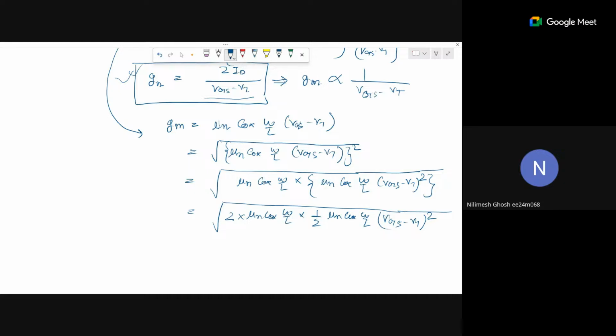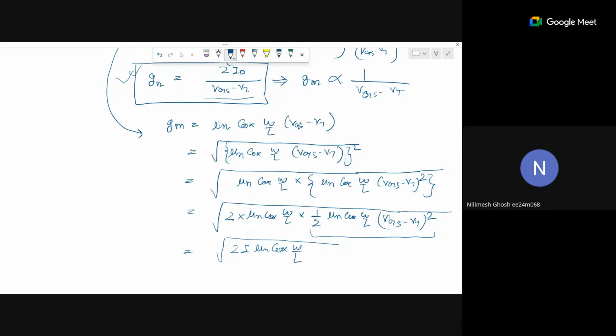Now see, this expression is again known to us: ID. So this will be 2 mu n Cox W by L into ID.